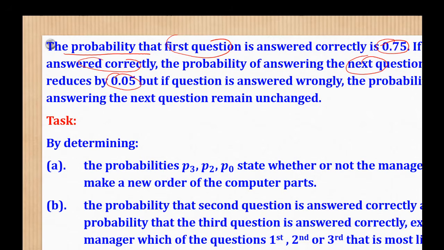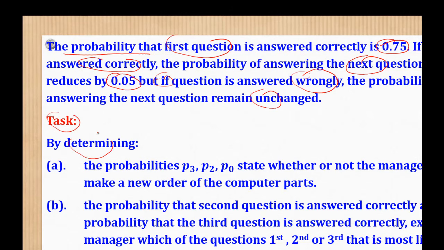So that is a condition. And like I've told you, each time you see a condition or each time you see dependent events, it is better you use a tree diagram. But if the question is answered wrongly, the probability of answering the next question remains unchanged.